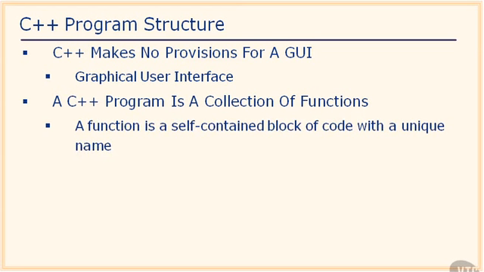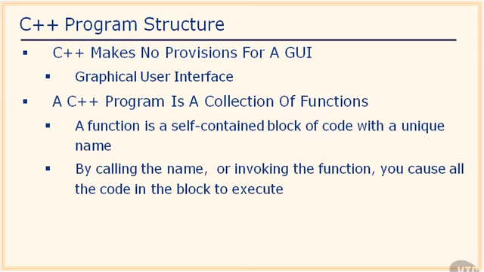Now a function, you ask, and I answer, is a self-contained block of code that has a unique name. In other words, we're going to write some lines of code, could be 2 lines, could be 2,000 lines, and we're going to give it a name, right? Get data, feed dog, whatever we want it to do.